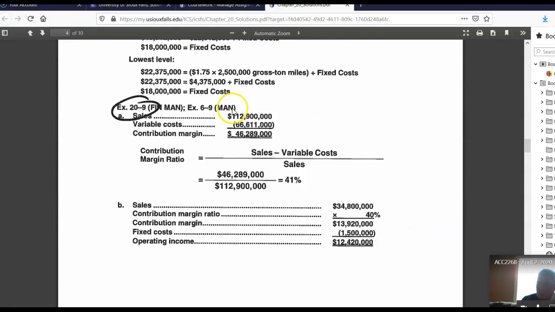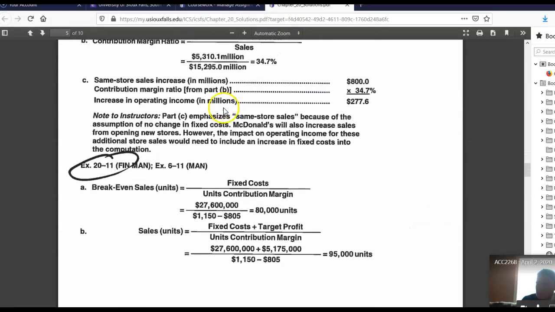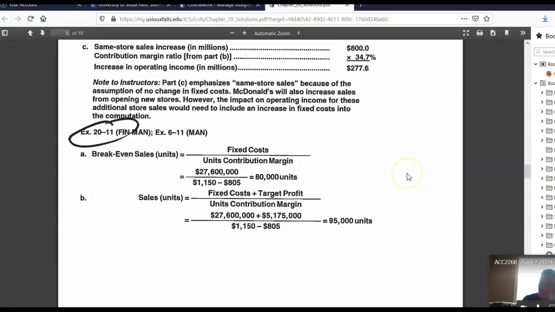Number 9 literally leads us into number 11, and this is what we're trying to get to: how many pizzas does Little Caesars have to sell to break even? Well, this is how we calculate break even, and this is also a form you need to know. Fixed costs, and this problem said fixed costs were $27.6 million.